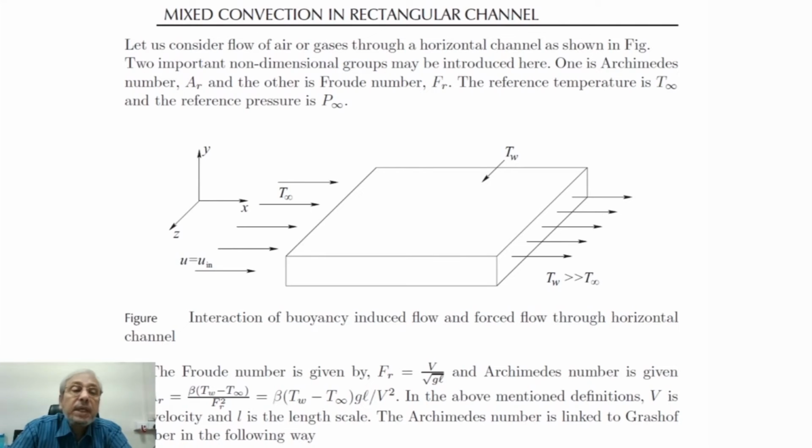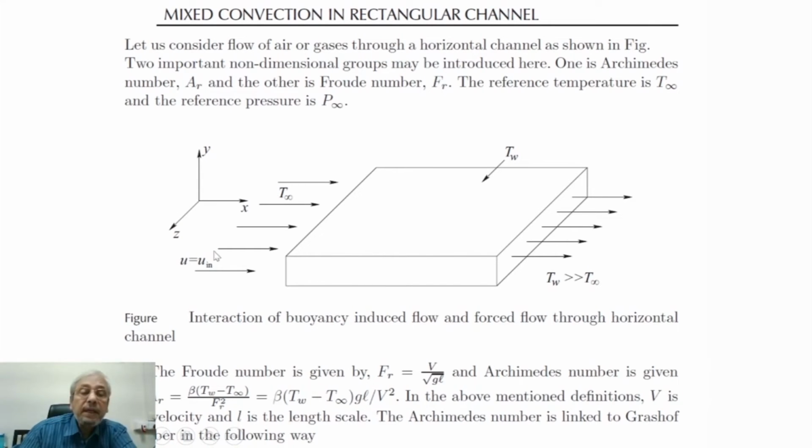One is the Archimedes number, Ar, and another is the Froude number, Fr. The reference temperature is T infinity, which is the outside fluid temperature, not quiescent fluid. Fluid is being pumped into it or being forced into it.